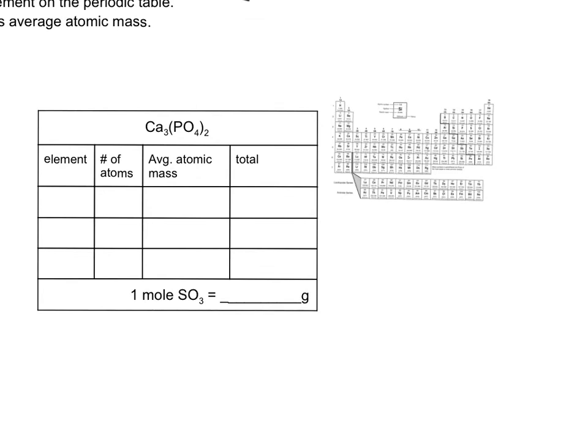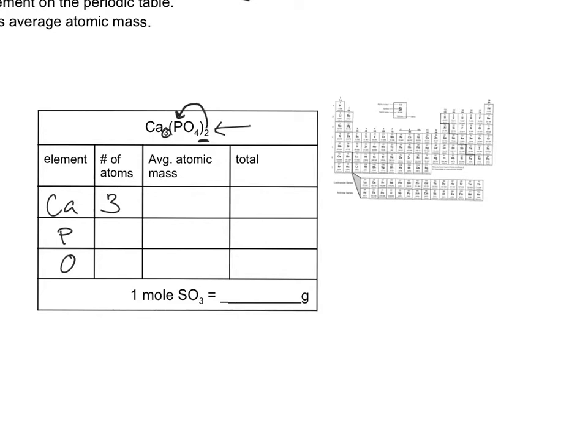Now let's go try that over here with calcium phosphate. So calcium phosphate has 3 different elements. It's got calcium, it's got phosphorus, and it's got oxygen. We've got to figure out how many of each element are in this compound here. Calcium is pretty straightforward. You've just got 3 as its subscript. But PO4 is inside this parentheses with the little 2. The little 2 outside the parentheses gets distributed to each element that's inside the parentheses.